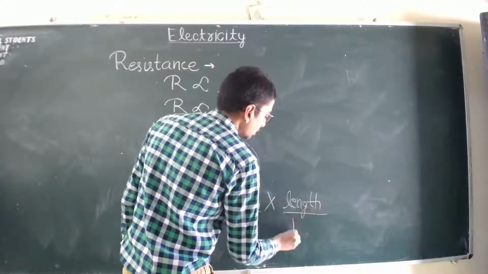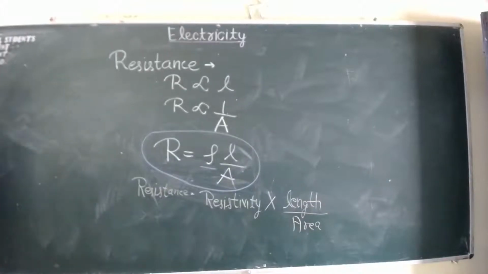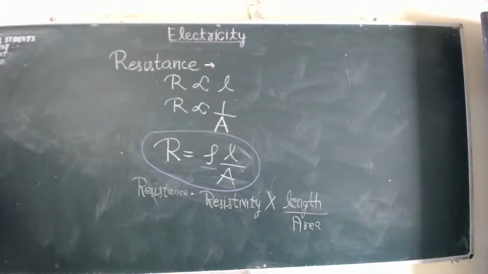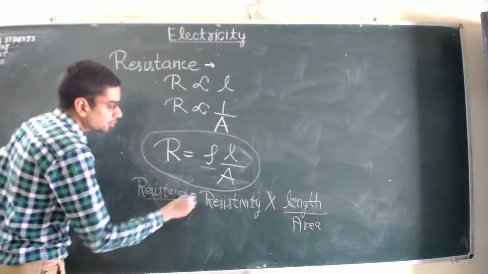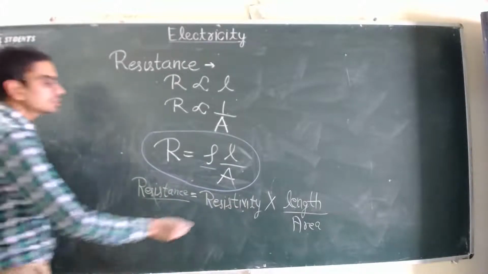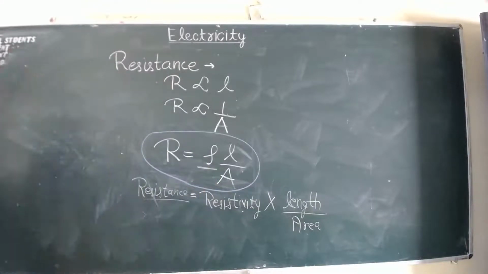Okay. कुछ लोग काफी लेट आए हैं, मिस कर चुके हैं इस वीडियो को, आप बैकवर्ड्स करके देख लेना. So resistance is equal to resistivity into length upon area, and resistivity is a constant जो कि आप आगे पढ़ोगे.